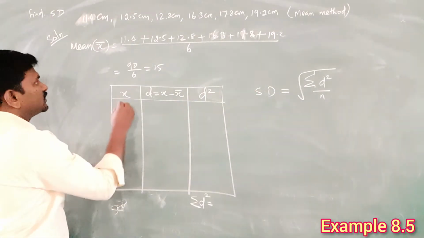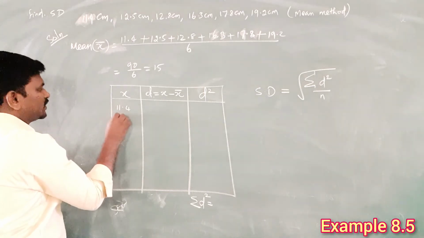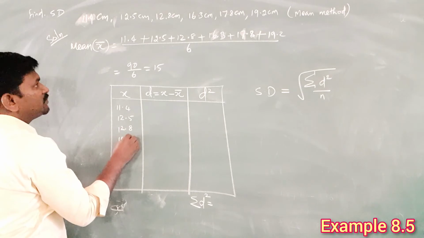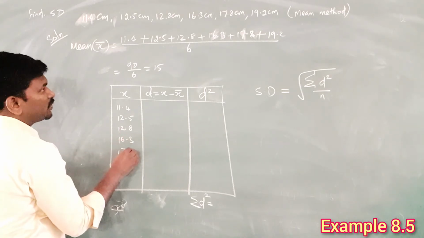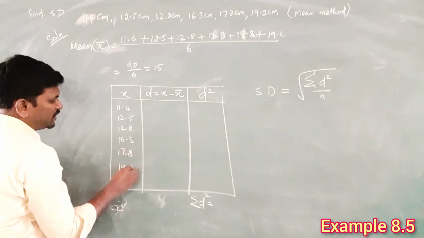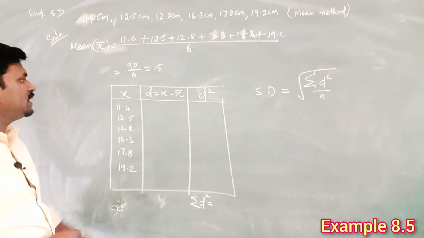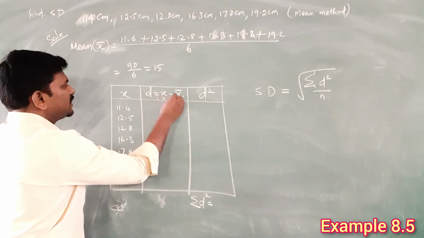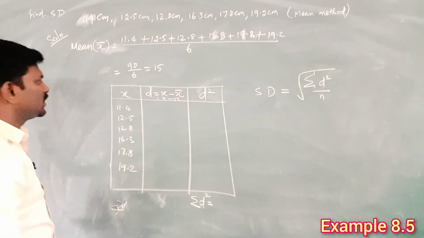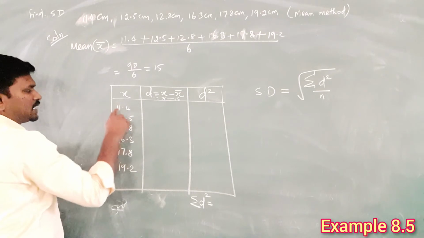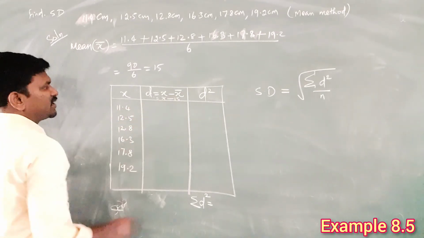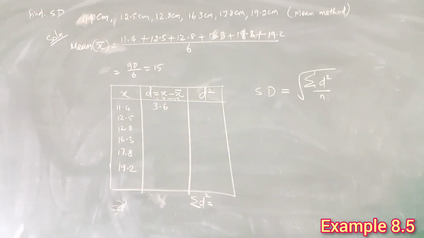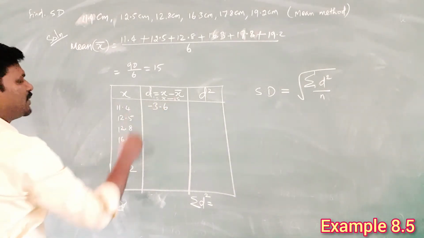So the x values are 11.4, 12.5, 12.8, 16.3, 17.8, 19.2. Then we find x minus x bar, where x bar is 15. So 11.4 minus 15 is minus 3.6.